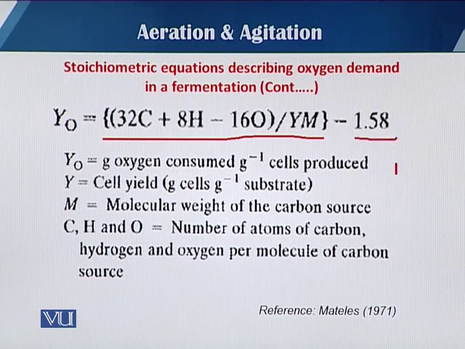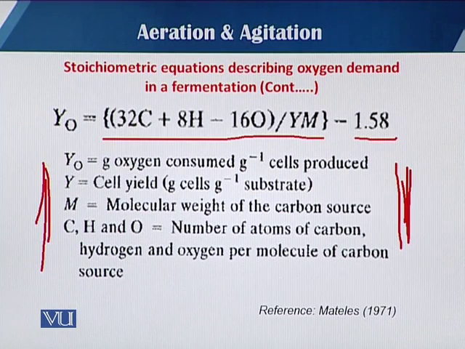You can see the different symbols in this equation: Y naught is the gram of oxygen consumed per gram of cells produced, Y is the cell yield, M is the molecular weight of the carbon source, and C, H and O are the numbers of atoms of carbon, hydrogen and oxygen. So this is the equation reported by Metallis in 1971.